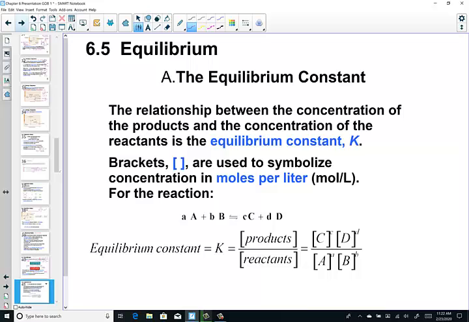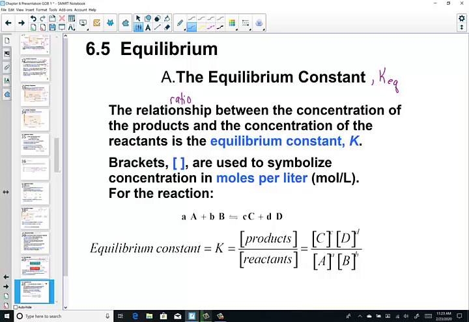We can use what's known as an equilibrium constant. That constant gets a letter K. Sometimes texts will put EQ after the K to represent the equilibrium constant. This is really just a ratio. The ratio that compares the amount of products over the amount of reactants.